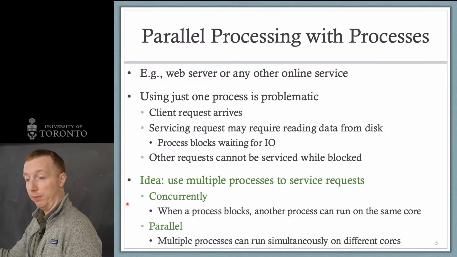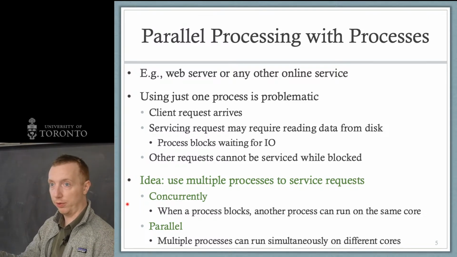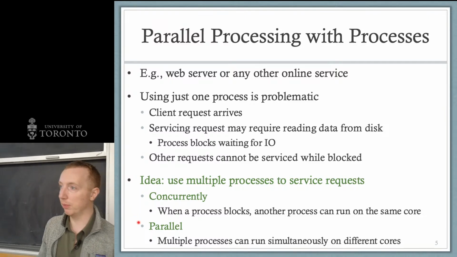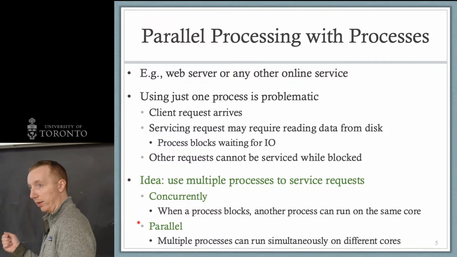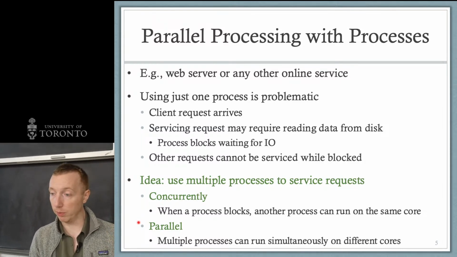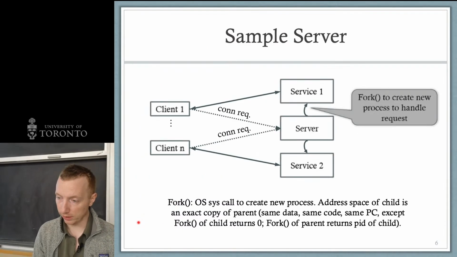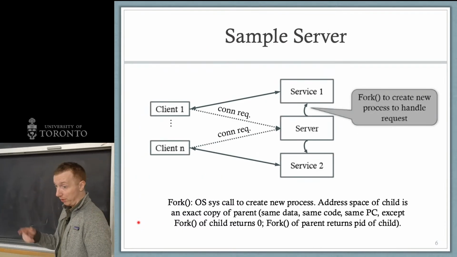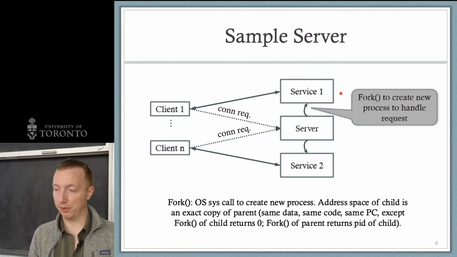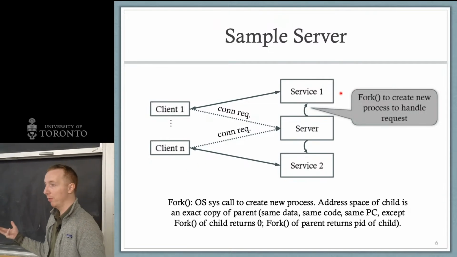So let's have some concurrency. Again, that's just switching between processes. And ideally, we want parallelism. We want multiple things happening at the exact same time. If we have 4 cores, we all want them doing some useful work. So a very, very naive server could just fork itself over and over again.